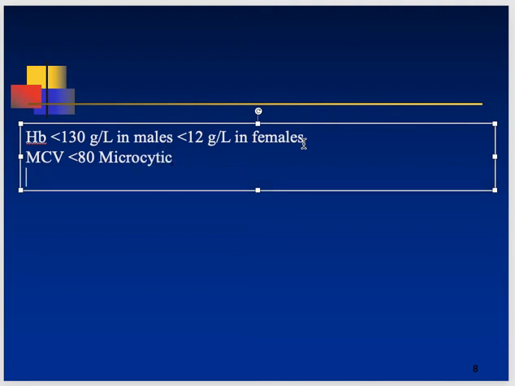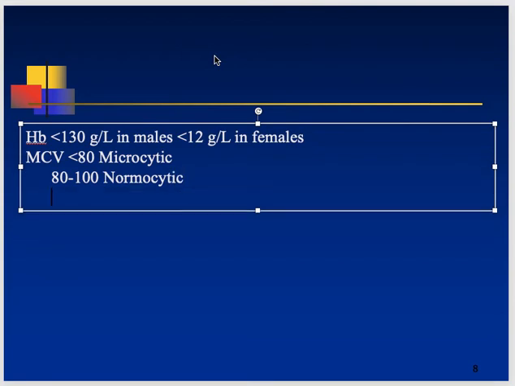If it is between 80 to 100, we call it normocytic, and if it is more than 100, we call it macrocytic. Okay, so this is how we classify anemia.